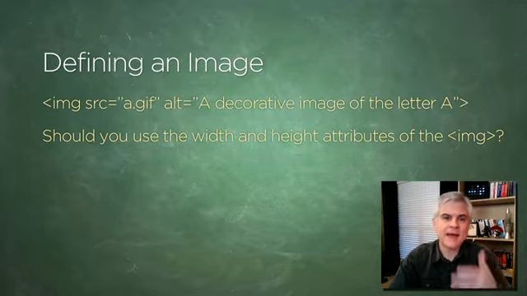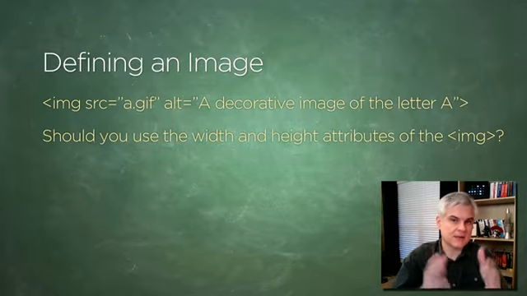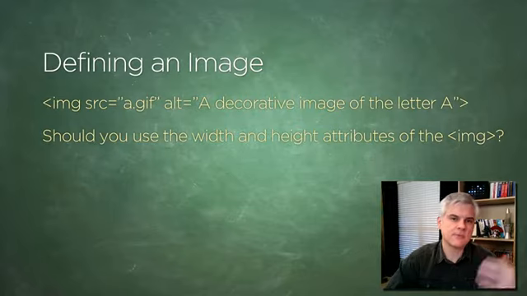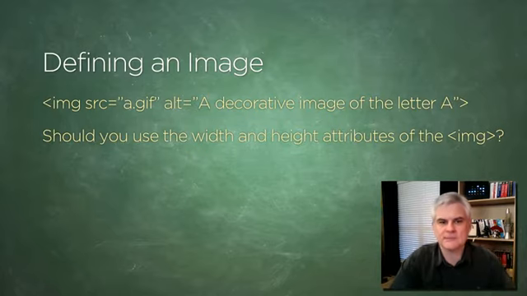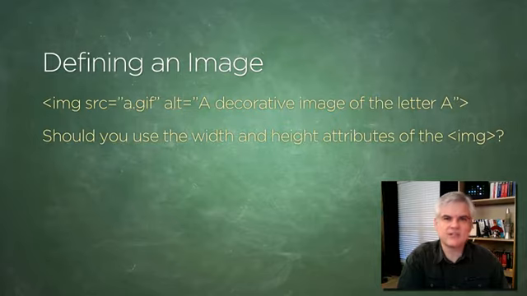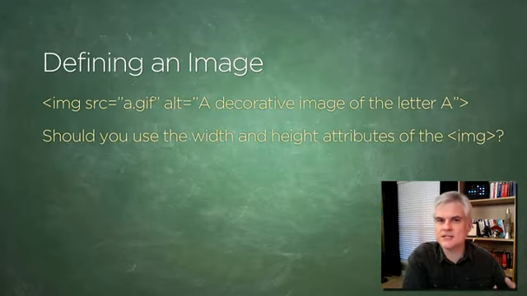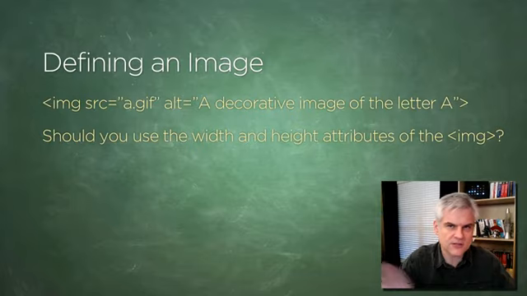So there is a pragmatic rationale for their existence, because it might help with the formatting of the rest of the page if you're relying on the size of that image. But despite that advantage, you should opt to keep things semantically clean and keep all your presentation information, including the size of the images, in your cascading style sheets. Okay, and we'll show how to do that much later.